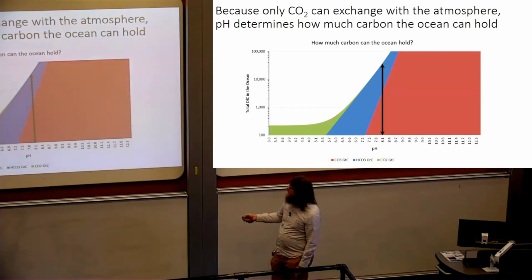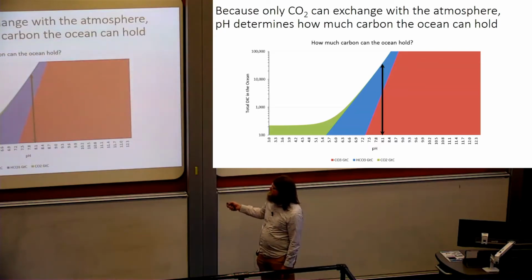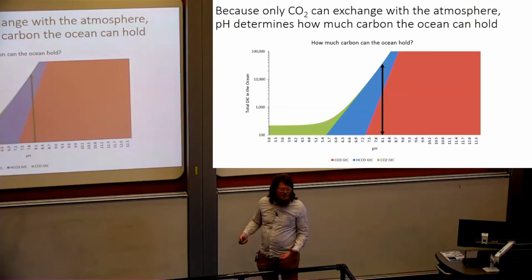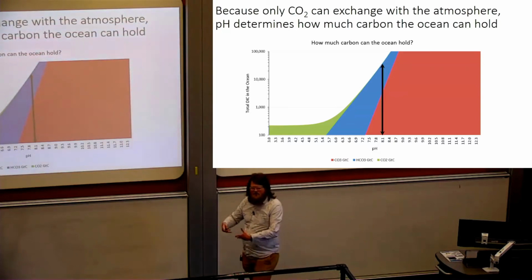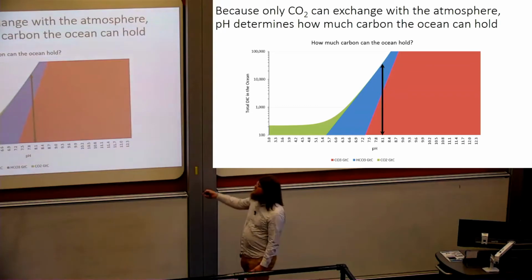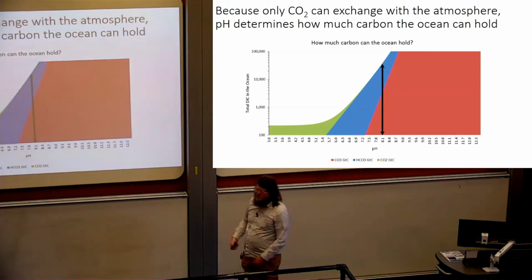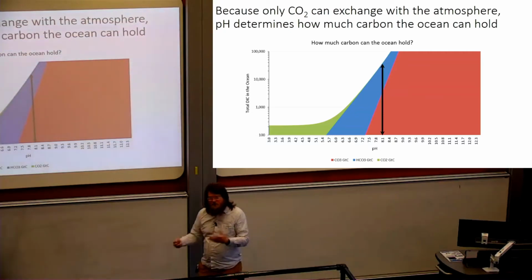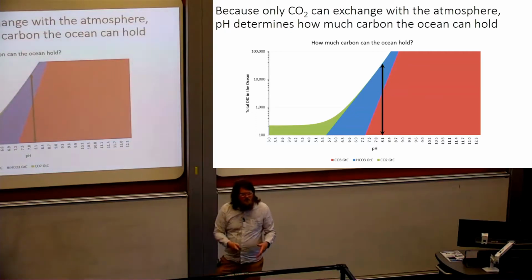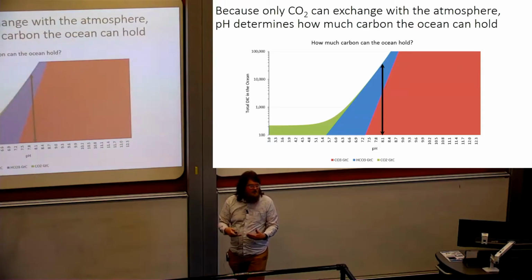This means that at high pH, most of the carbon is this carbonate ion and is locked away from the atmosphere, which means the amount that's in the ocean compared to the atmosphere can be very large. But as we go down to lower pH, most of the carbon will be CO2. So that means that the ocean can store less carbon and more will therefore proportionally be in the atmosphere.